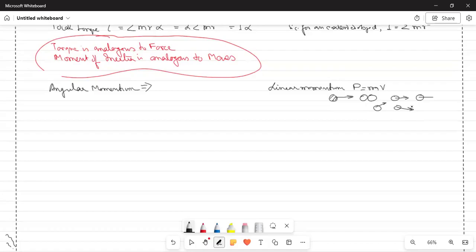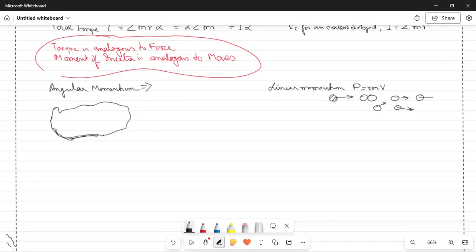Keeping that in mind, we come to the point of angular momentum. To discuss angular momentum, what do we do? We take any rigid body as a laminar body.